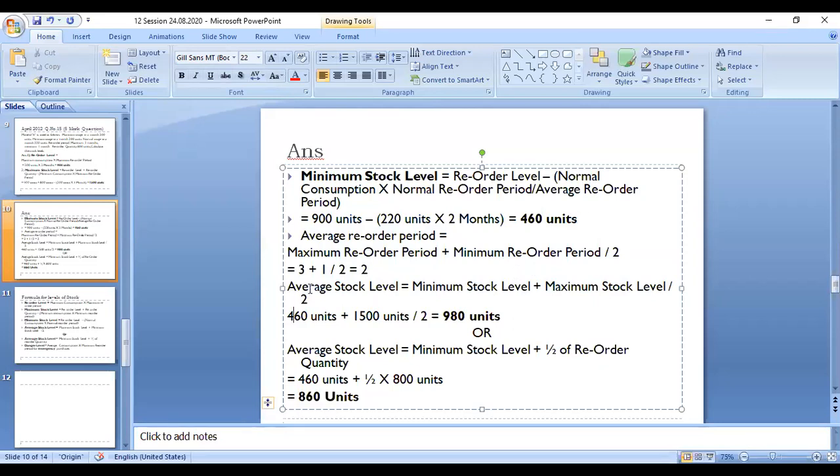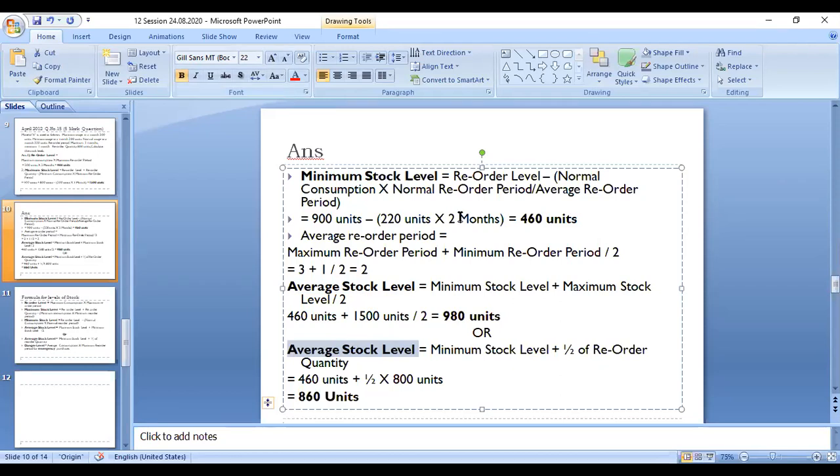Then average stock level, there are two formulas. You can take the minimum stock level above, and the maximum is the previous slide amount. So 460 plus 1500 divided by 2, that means we have to divide by 2, so 980 units. This formula also you have to apply, and one more formula is available: the minimum stock level, 460 units, plus 1 by 2 of reorder quantity, given in the question.